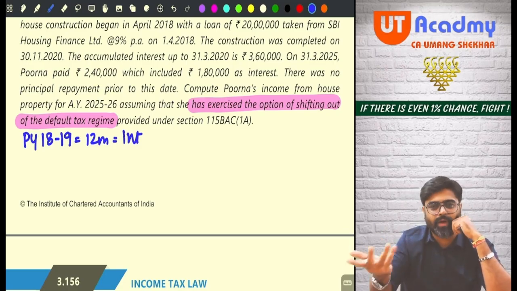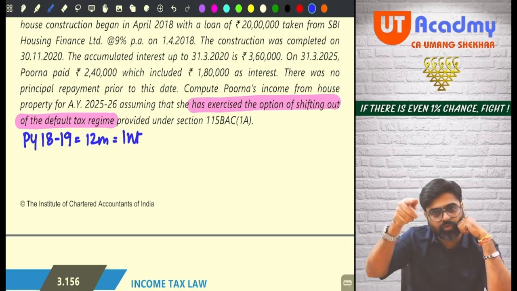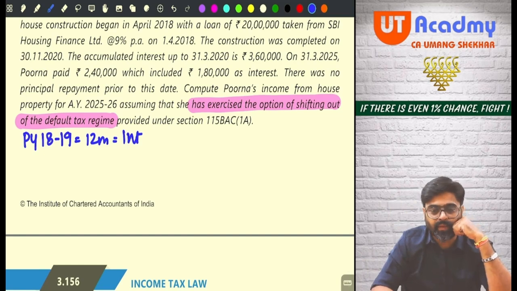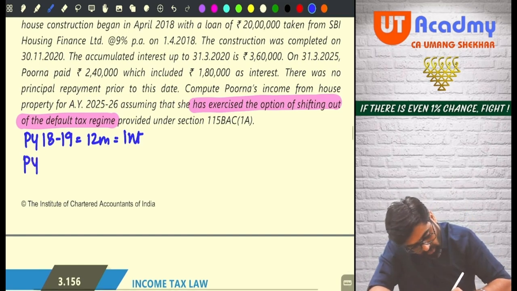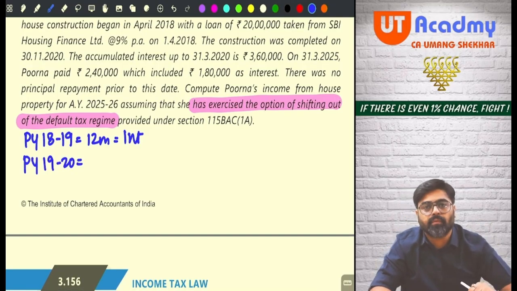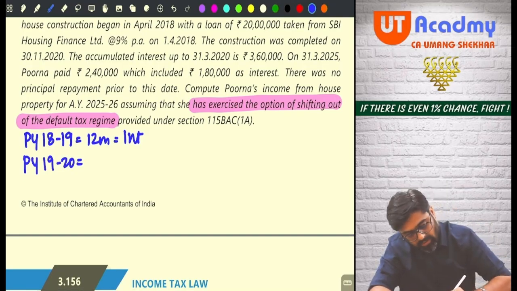No house property, no annual value. So this interest was not allowed in 18-19. Then in the next previous year also, 19-20 also, the construction was going on. And finally the construction got completed in previous year 2021, they are saying.